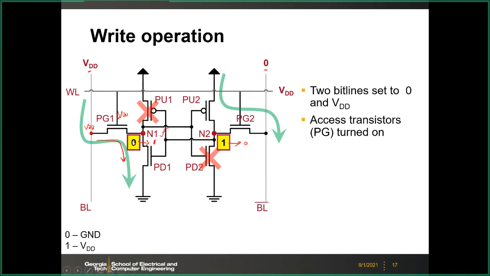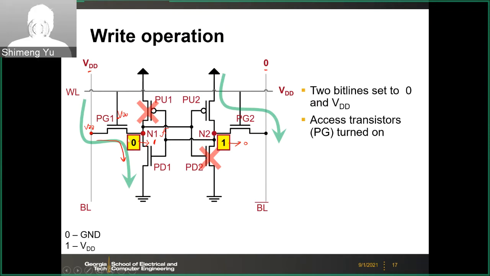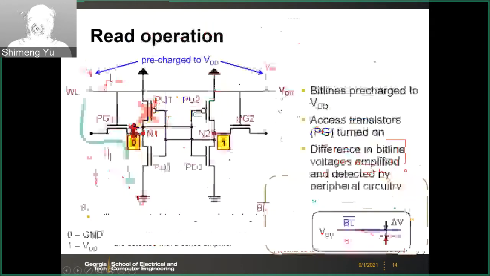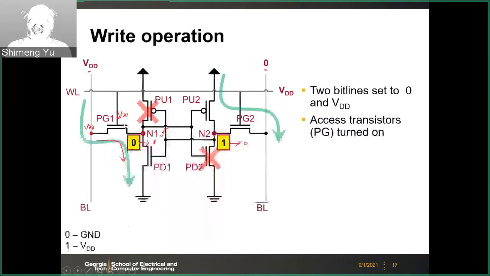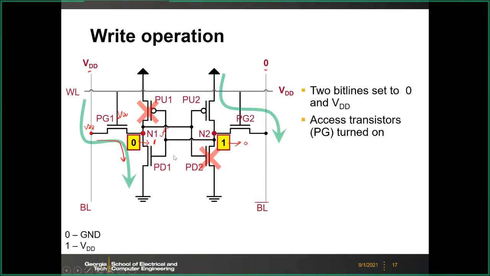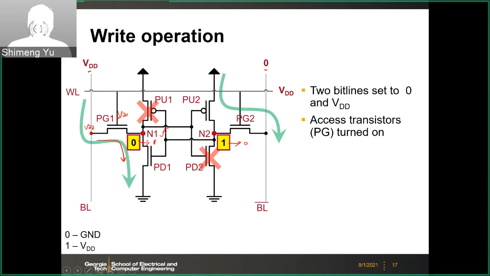But this circuit is actually the same as the read operation, as we discussed earlier. If you look at the left branch of the read operation versus the write operation, they are exactly the same.